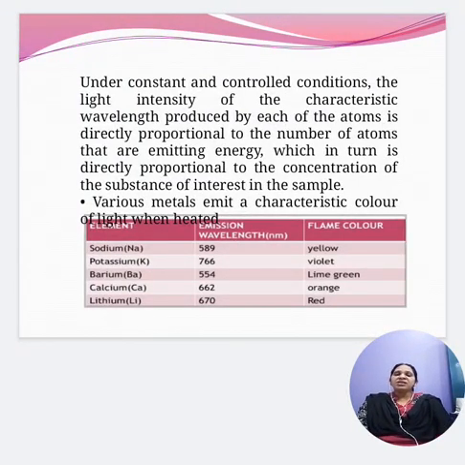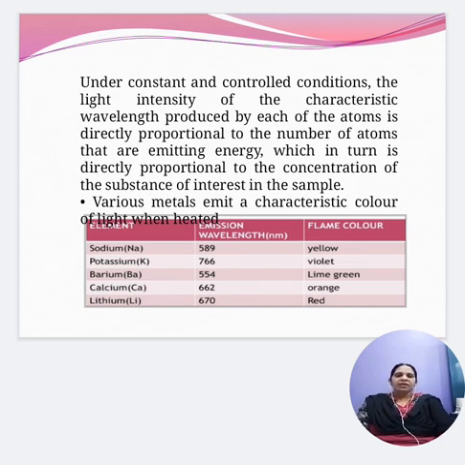Under constant and controlled conditions, the light intensity of the characteristic wavelength produced by each of the atoms is directly proportional to the number of atoms that are emitting energy, which in turn is directly proportional to the concentration of the substance of interest in the sample.